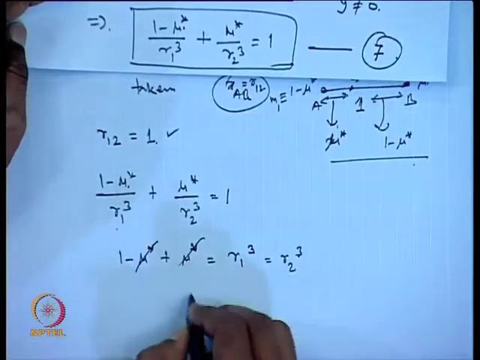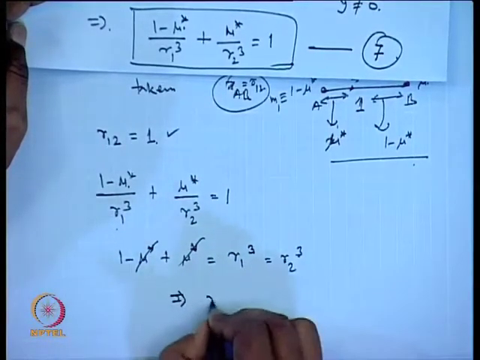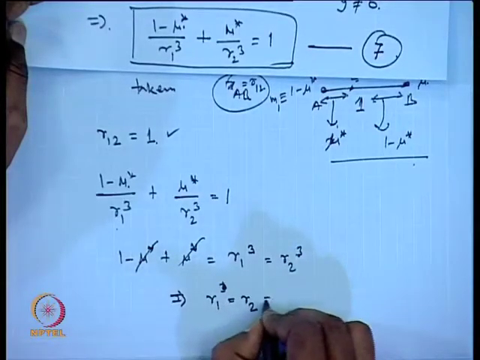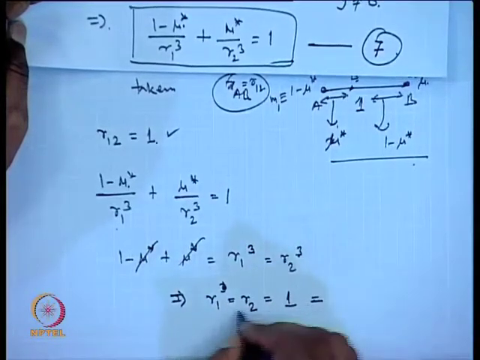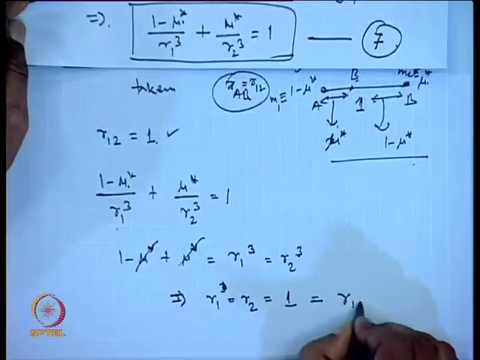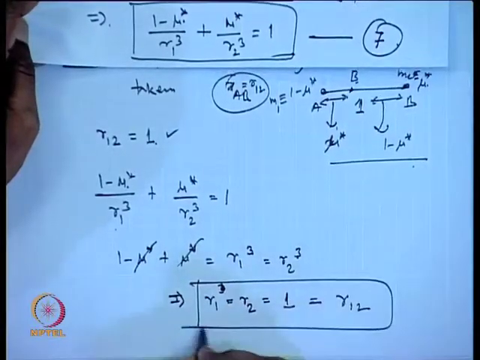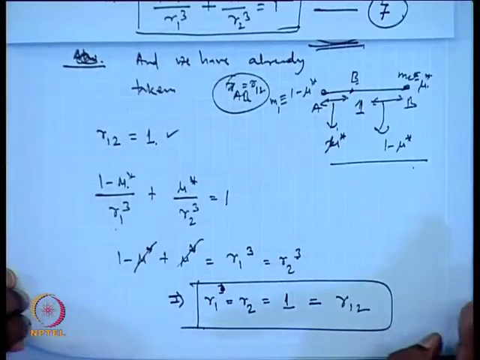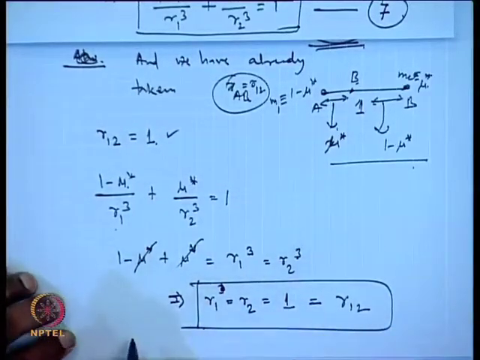So this cancels out and this implies R1 is equal to R2 is equal to 1, and therefore this quantity is nothing but equal to R12.